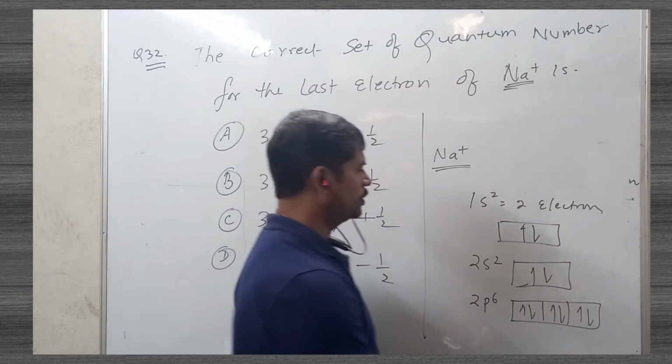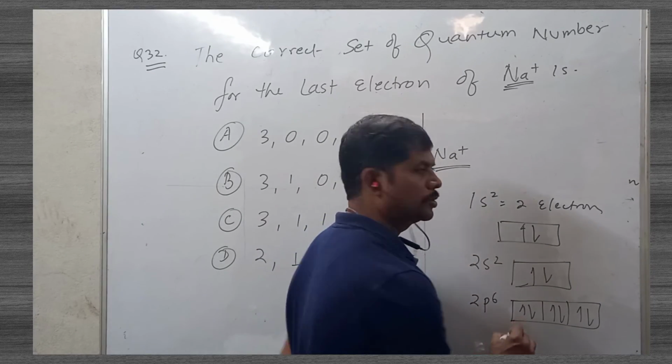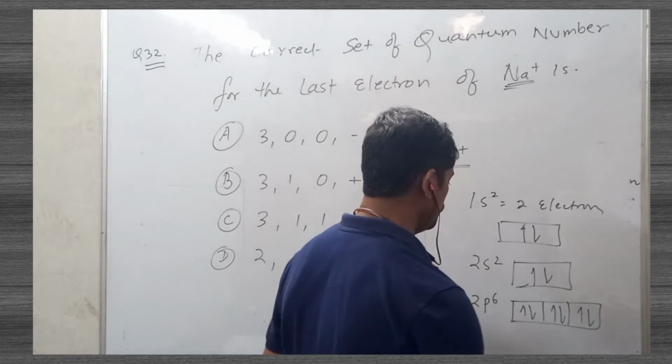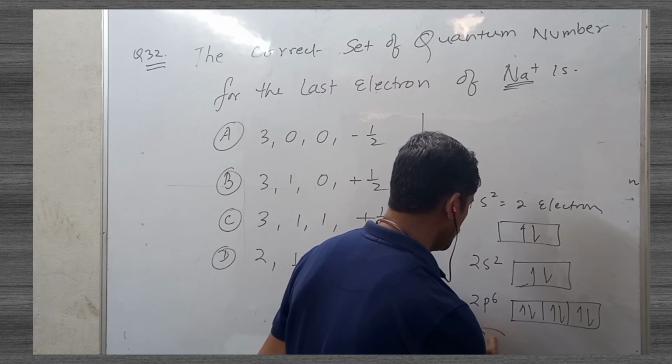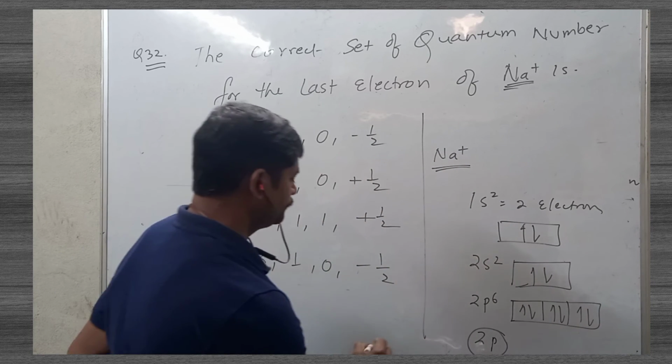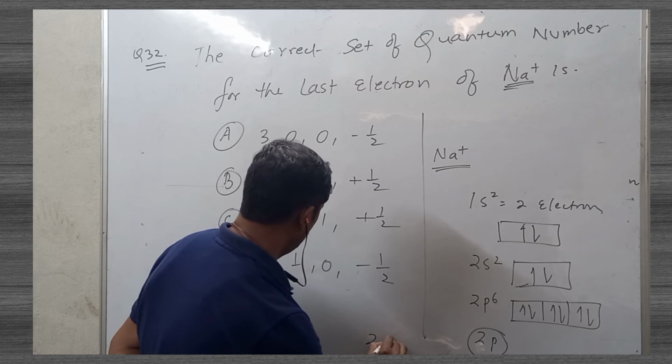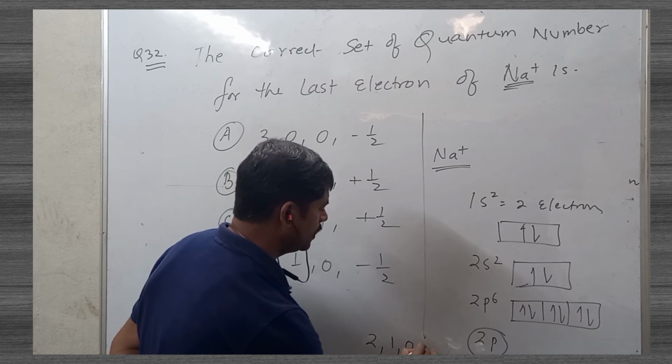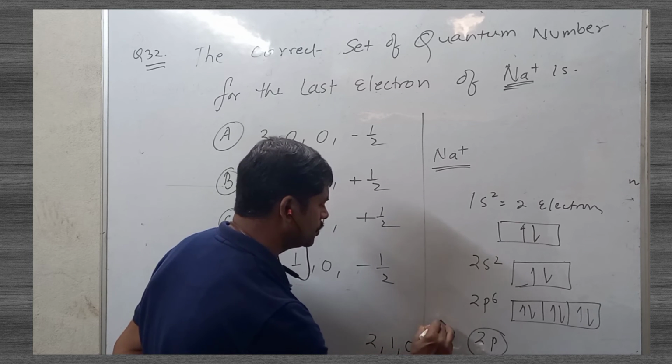And the last electron goes into the 2p. So 2p is here. So the final set we are getting here is 2, 1, 0 and then minus 1 by 2.